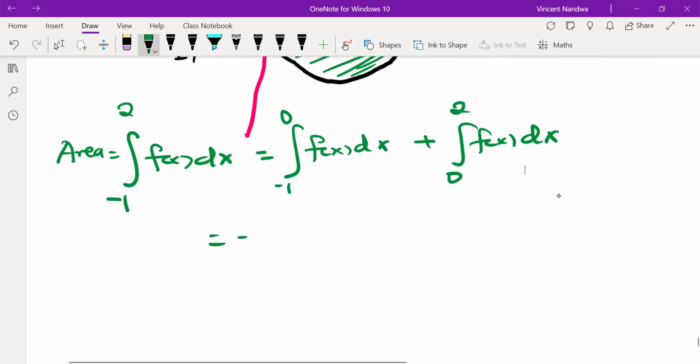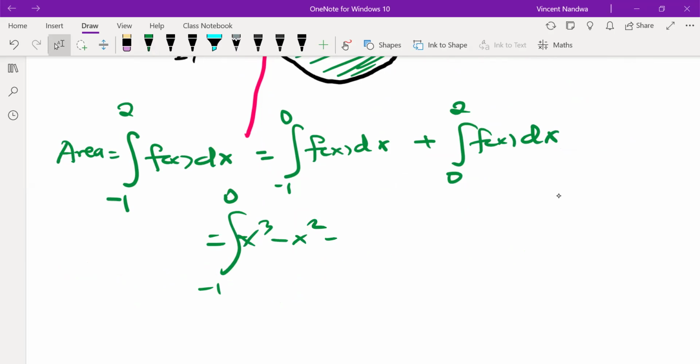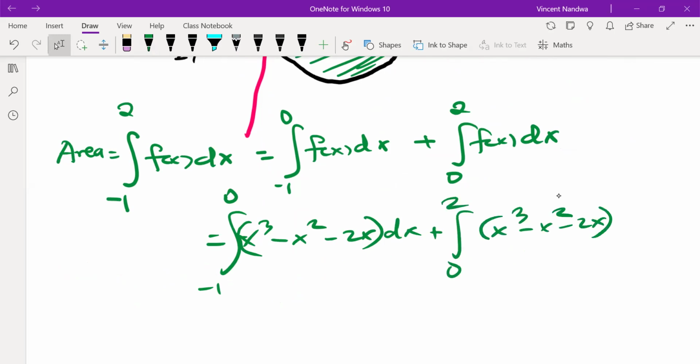So I'll have the integral from -1 to 0 of x cubed minus x squared minus 2x dx plus 0 to 2 of x cubed minus x squared minus 2x dx, which will be x power 4 over 4 minus x cubed over 3 minus x squared.